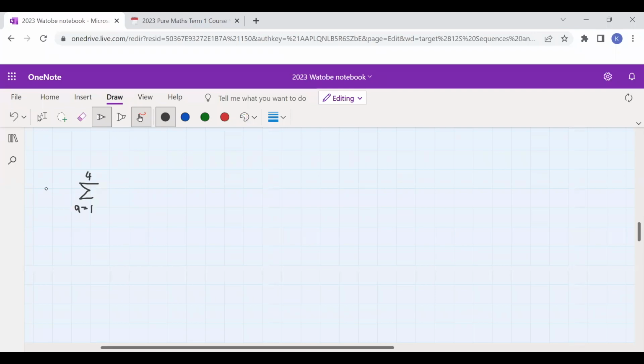So I'm saying calculate the sum of A squared, where A is 1, 2, 3, 4. So you start at 1, you stop at 4.